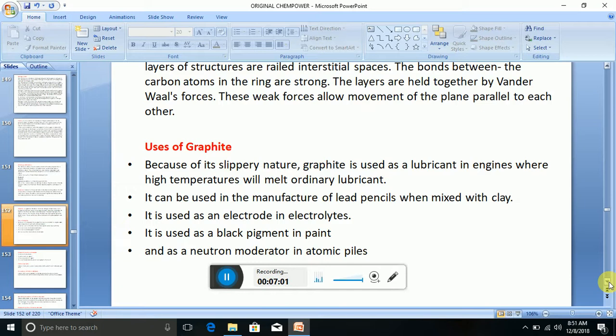It can be used in the manufacture of lead pencils when mixed with clay. It is used as an electrode in electrolysis. It is used as a black pigment in paints and as a neutron moderator in atomic power plants.